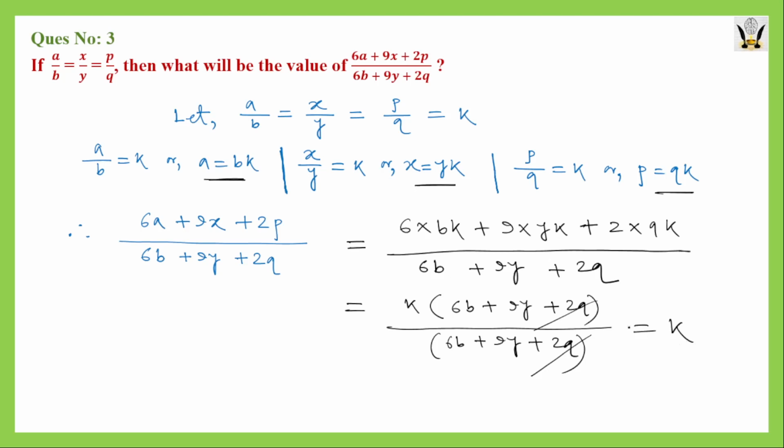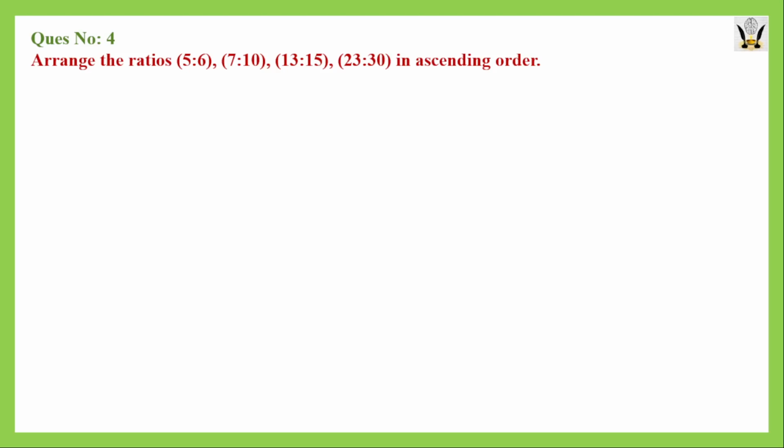And what is k? k is equal to each of these ratios, a by b, x by y, and p by q. So the value of this given expression will be equal to each of these given ratios. That's what we can conclude. Now the next one.